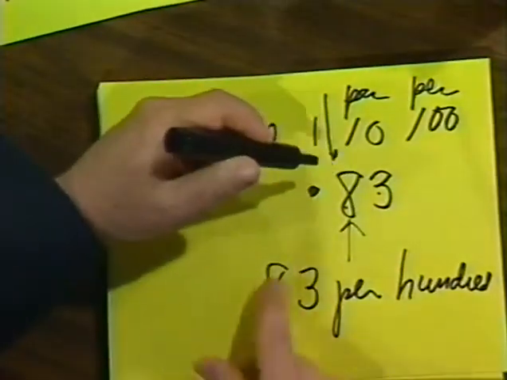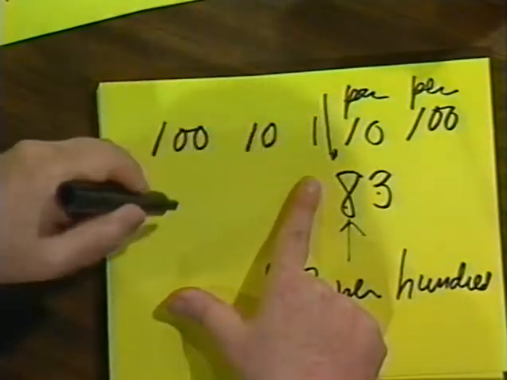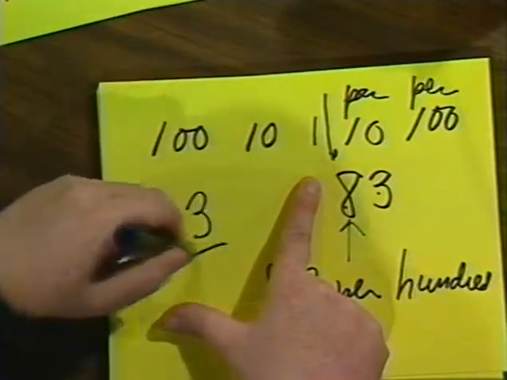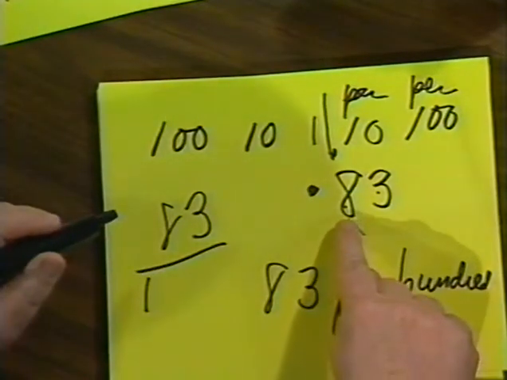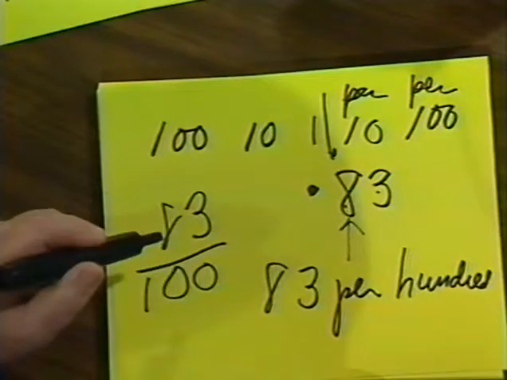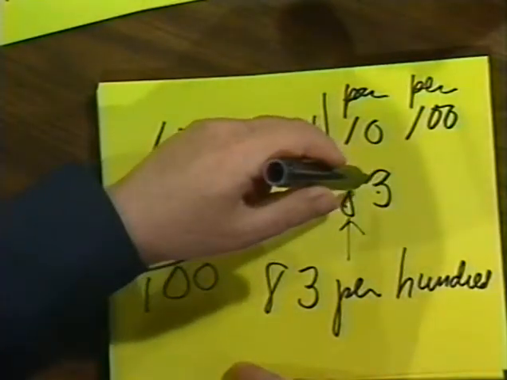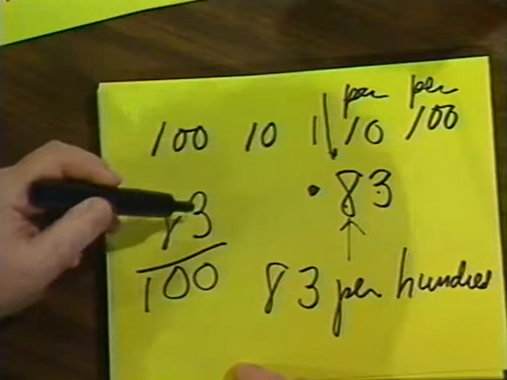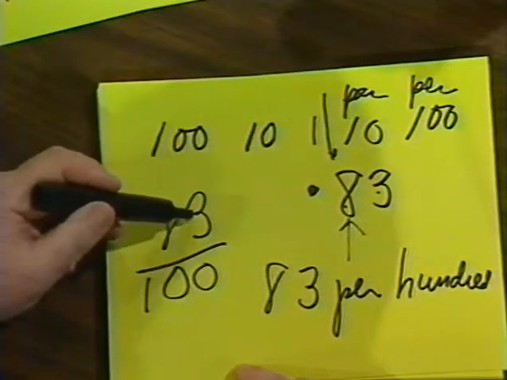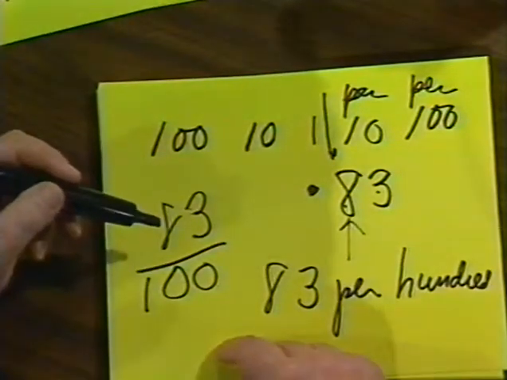In fact, the mechanical way to do this is leave the decimal point out. Put a 1 down here and count the number of digits. 1, 2. See, now I've become trilingual. I've translated from a decimal to a fraction. This says 83 per 100. That's 83 for me, 17 for you. That's not a bad rate.